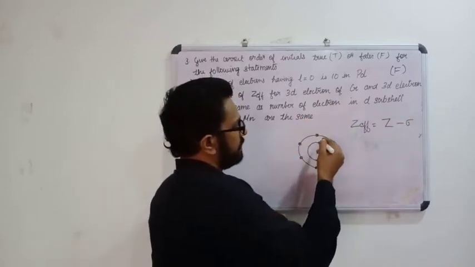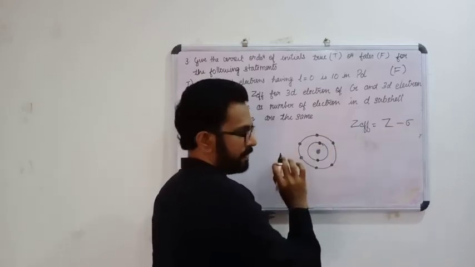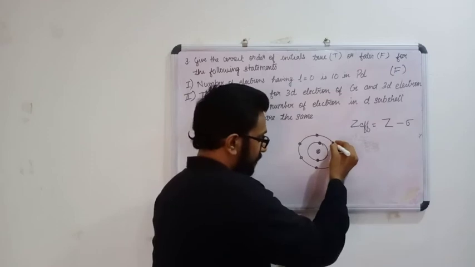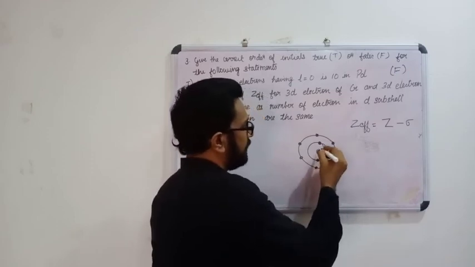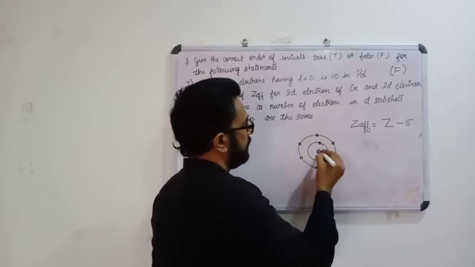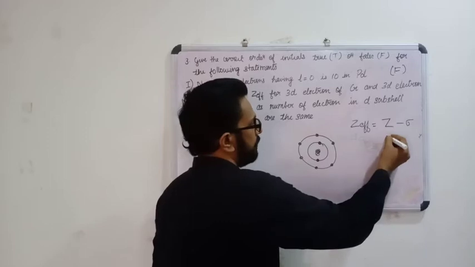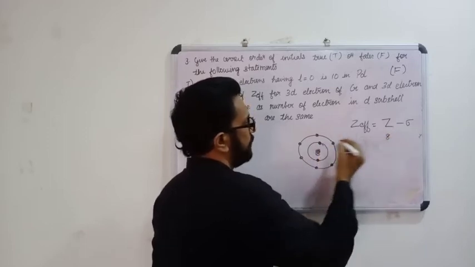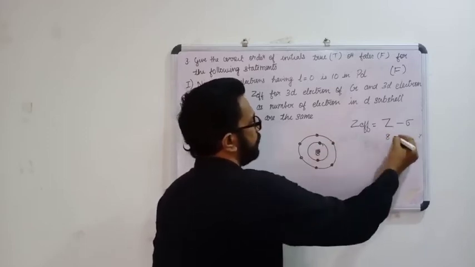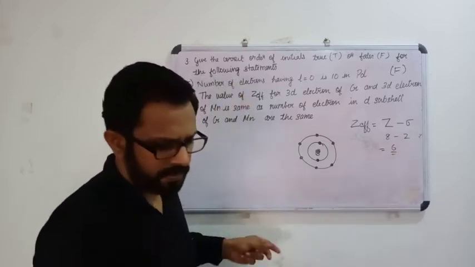In this case, sigma is 2 because we have 2 inner electrons. Let the number of protons be 8. Now the inner shell has 2 electrons, so the effective nuclear charge is 6. This is an example.